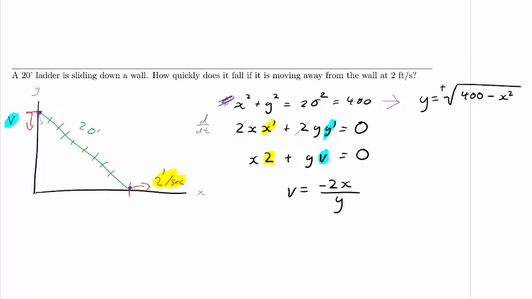We plug this in, and we get the following result: v equals negative 2x divided by the square root of 400 minus x squared. And there we go. There's our final result.